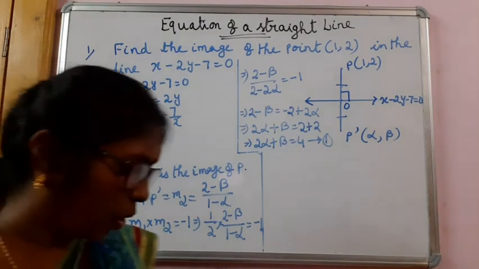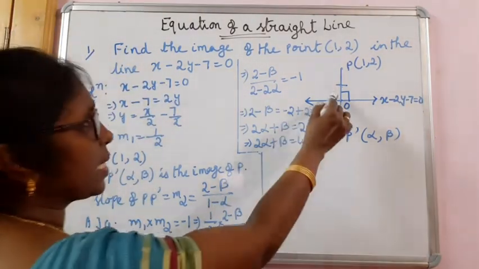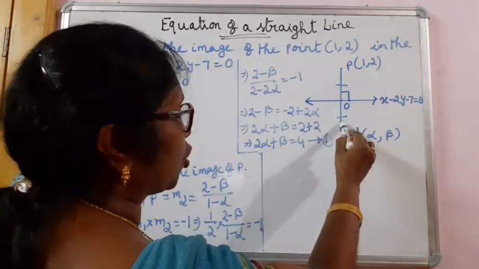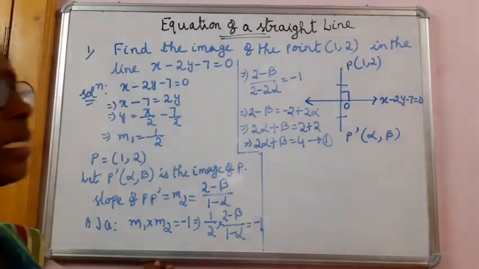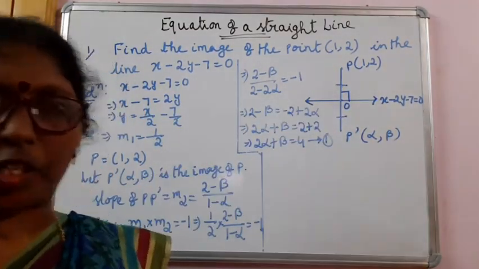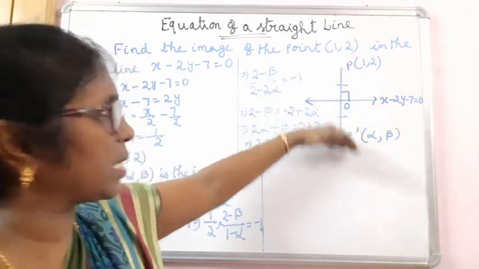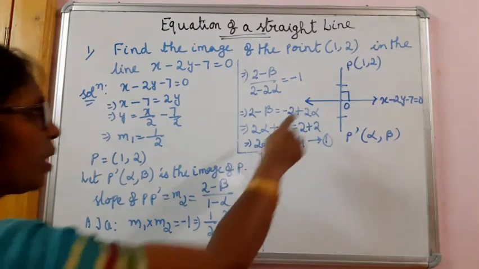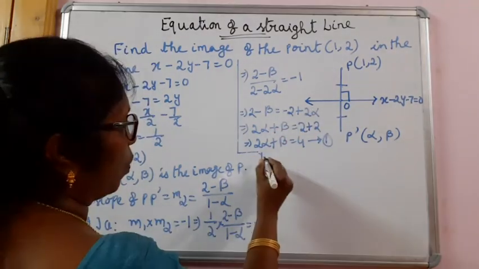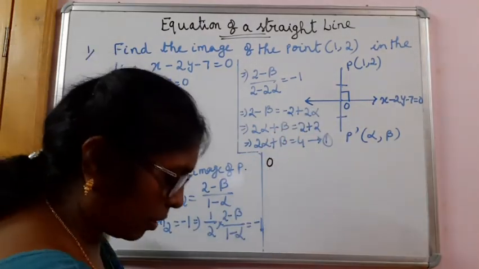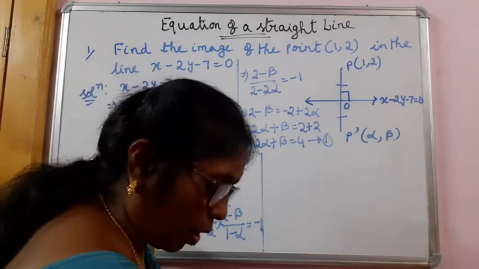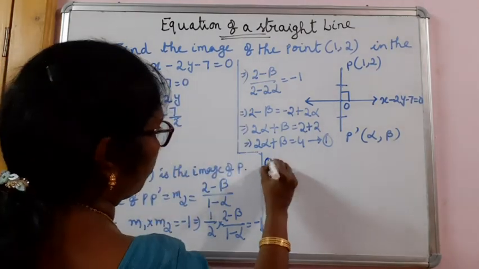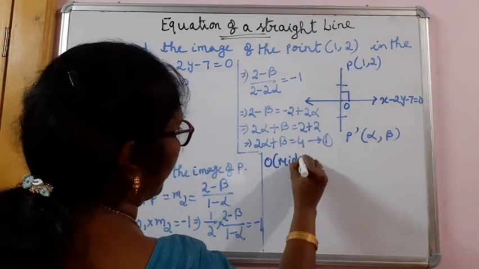And one more thing, we know that O, the point of intersection of these two lines, is the midpoint of PP dash, because object distance is equal to image distance. So let us find the coordinates of O, that is the midpoint of PP dash.